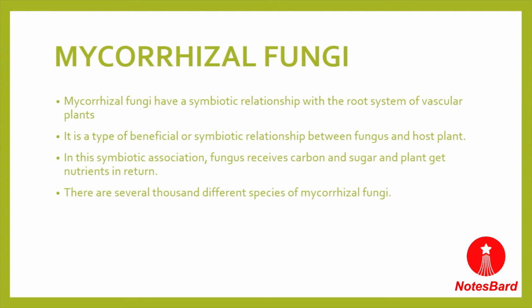So the fungal cells which have symbiotic relationships are considered mycorrhizal fungi, and it is a type of beneficial relationship between the fungus and the host plant. There are several thousand different species of mycorrhizal fungi which have the symbiotic association called mycorrhiza with higher plants.